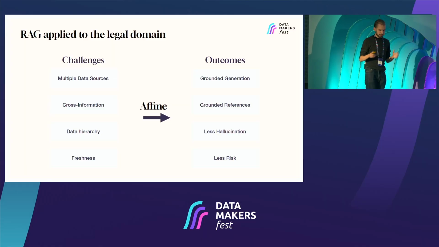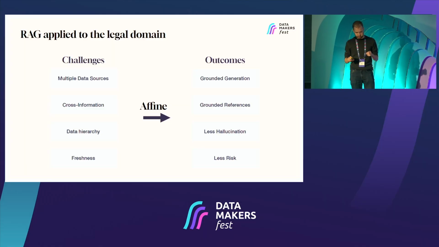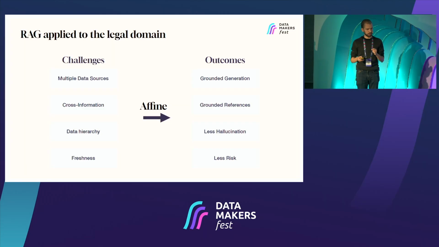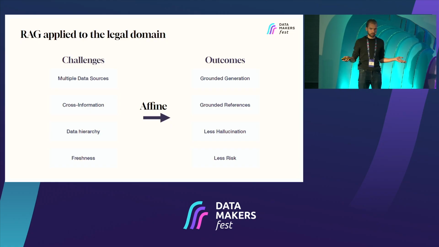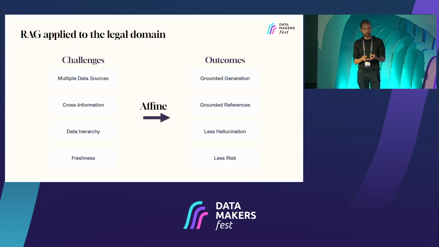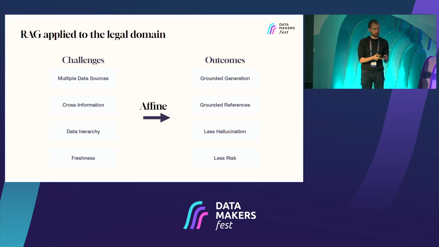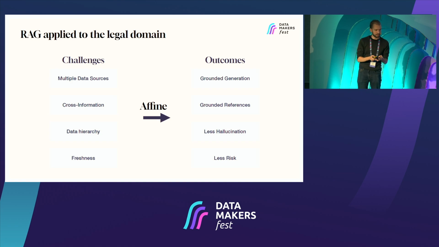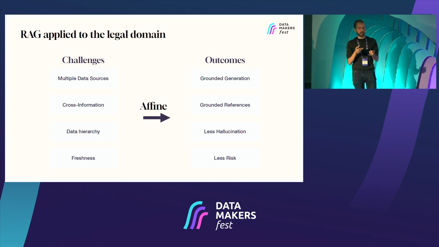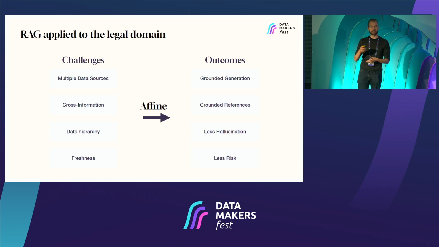The legal domain is a very specific niche with very specific challenges. For example, we have multiple data sources: legislation, court rules, regulatory entities, and then private data from law firms and legal departments, which can grow from emails, memos, and so on.